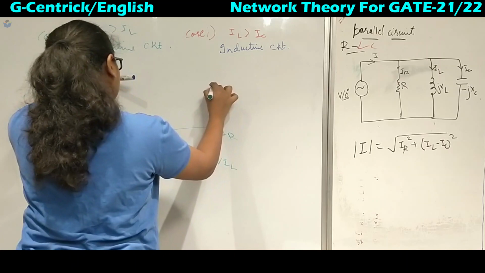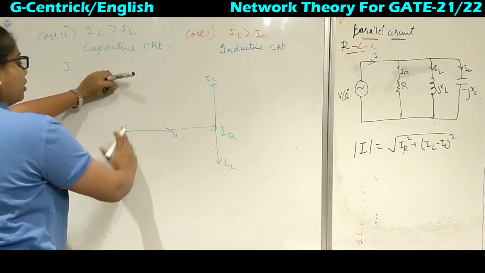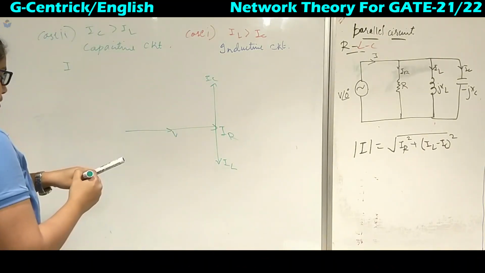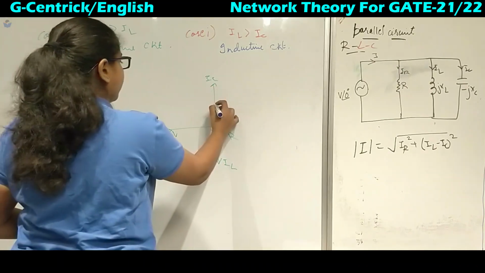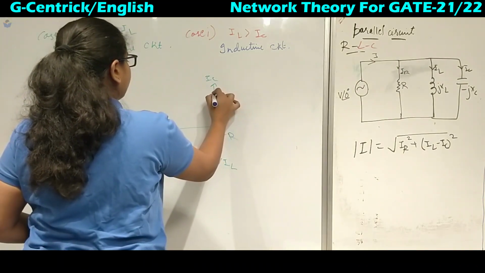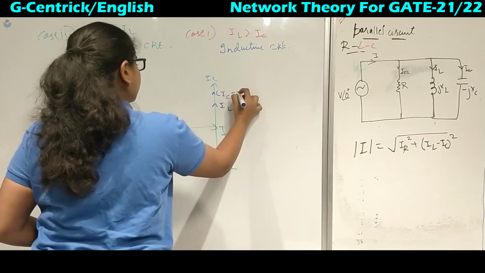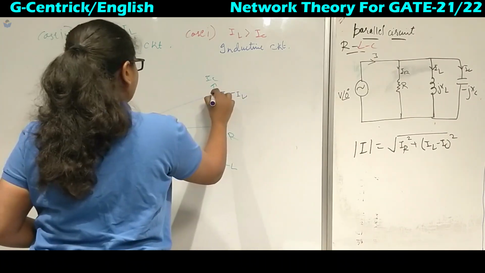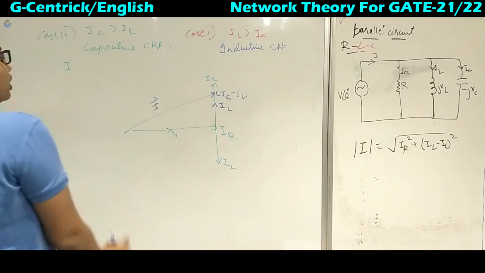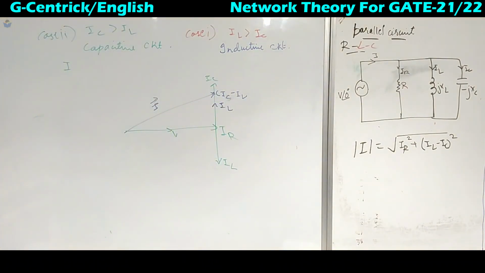When it comes to capacitance, it is leading, so we are going to shift it that side. Now IC is greater, so this will go up. Somewhere here in this vector we will get IC minus IL.